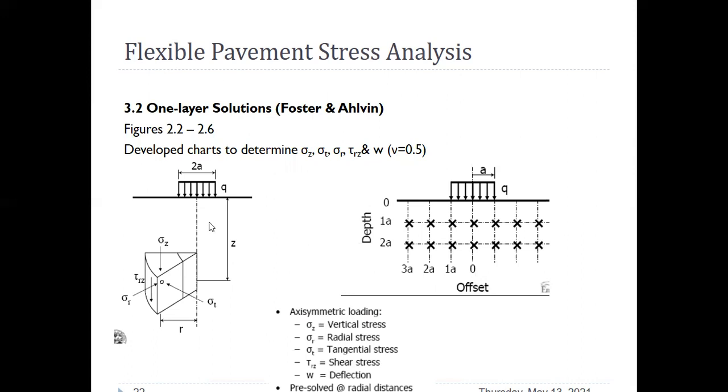The contact area will be circular, with a radius A. So a whole tire will have a 2A radius, or rather a diameter of 2A.